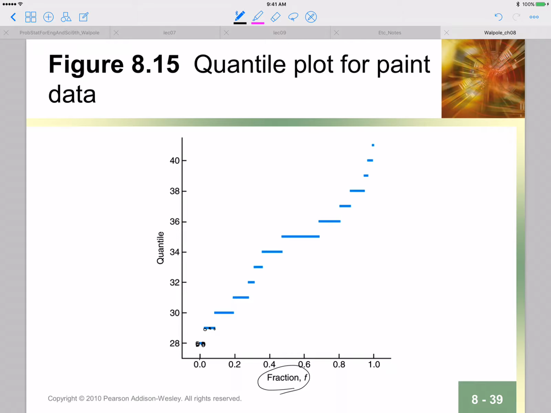And this function is basically an inverse of the cumulative distribution function.